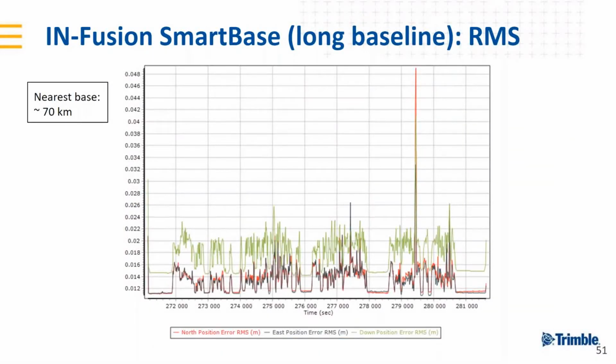For long baseline SmartBase, the north and east position error RMS is within 2 centimeters, and the down position is about 2 to 2.5 centimeters.